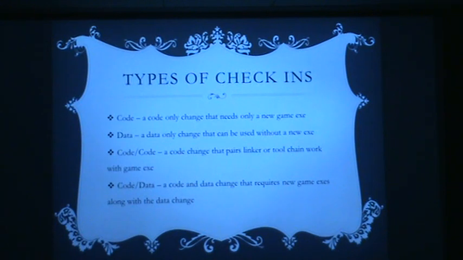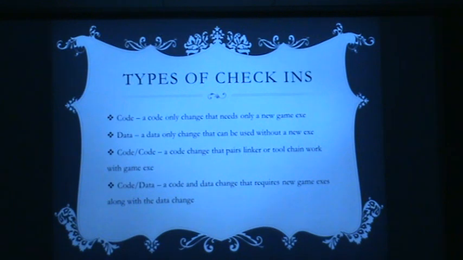Code dependencies, okay? This is why the linker found its way into the game project. Code dependencies are things like a linker change that requires a paired executable along with the game. But it can also be other things, like anything in the tool chain, converters, things like that.